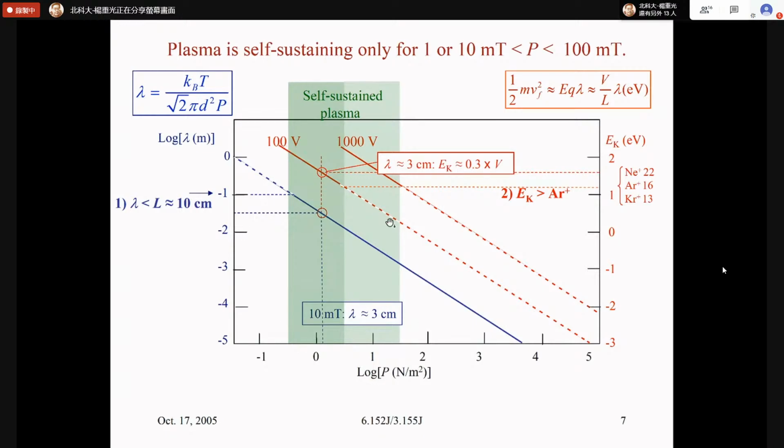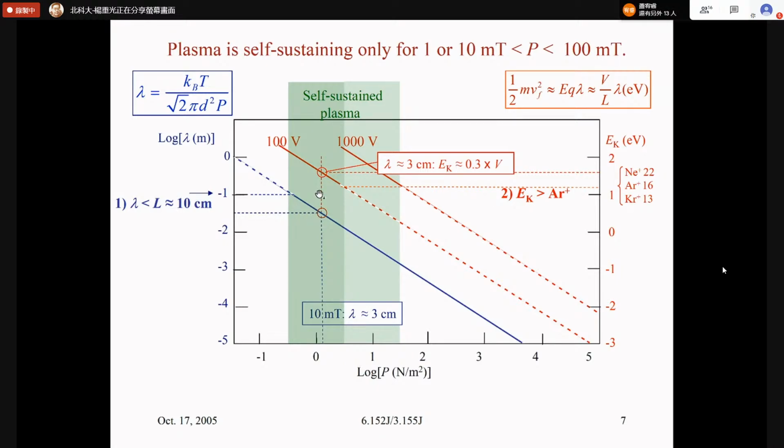And this is a slope for 100 volts, this is 1000, and this is, let me see, about 0.15. The mean free path, in this case lambda less than L, is almost 10 centimeter. Lambda is 10 centimeter.